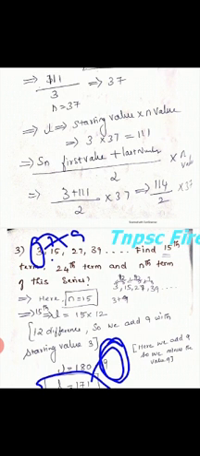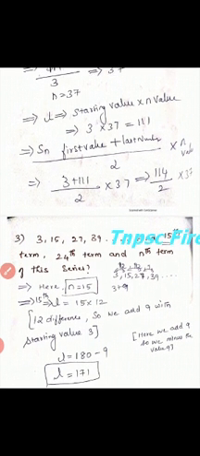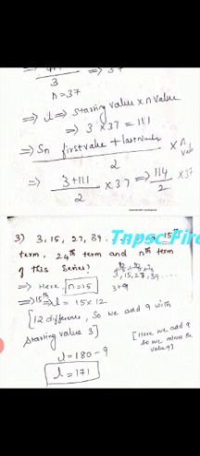Here, if the difference is the same, like 3, 3, 3, 3, 3, we never add anything. Here the difference in this series is 12. So we have to add plus 9 for the first number 3.